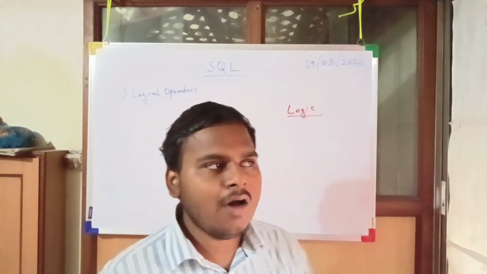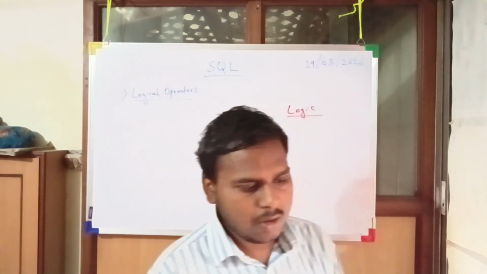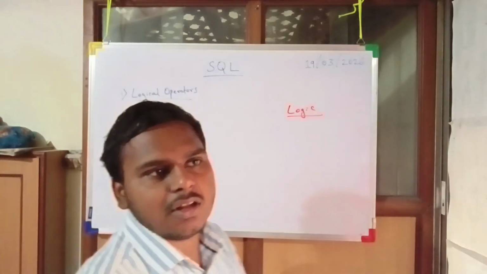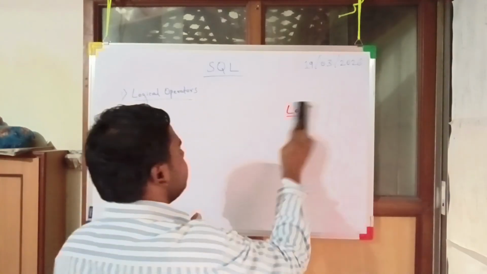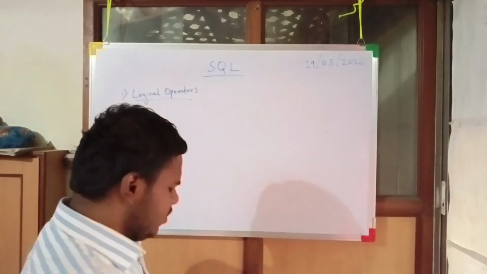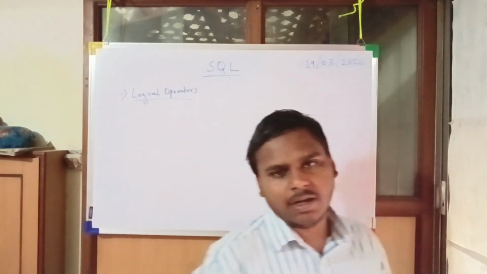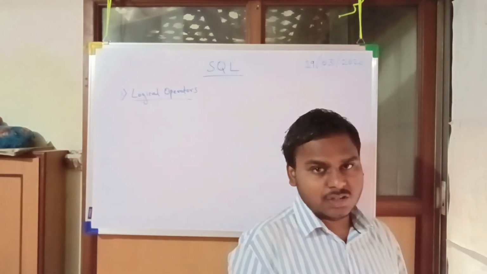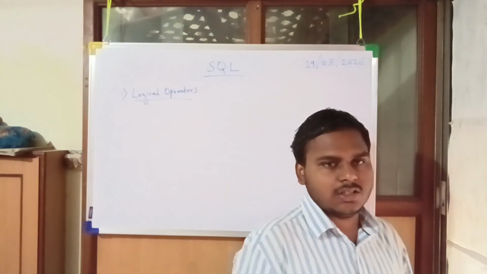So how to make a decision based on the condition, based on the requirement? For that we need to learn a concept called logical operators. There are multiple types of logical operators. If you are an EXT student, you might have an idea, or an electronics student if you studied in class 12: universal gate, NAND gate, NOR gate, XOR, XNOR.